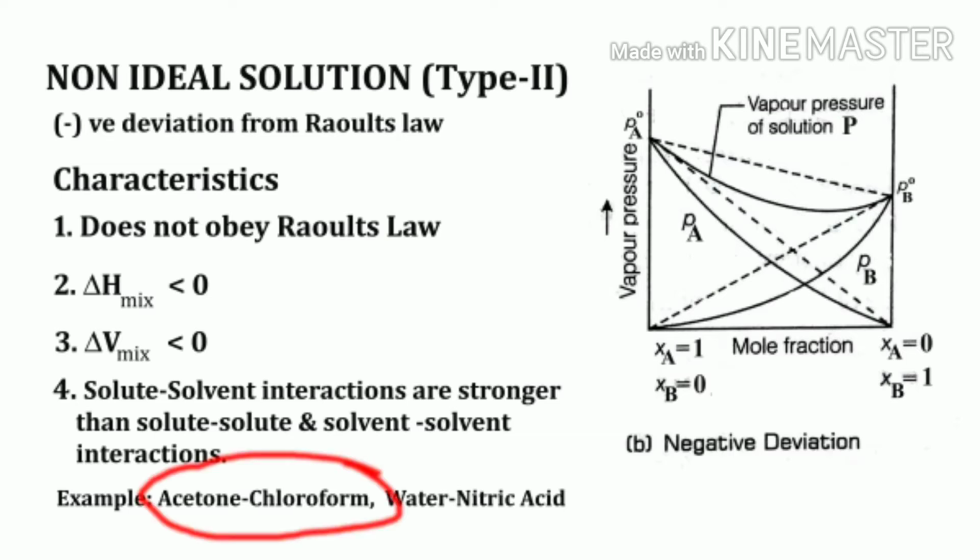If we consider the example of acetone and chloroform, then we'll see that there will be a hydrogen bond formed between the molecules of acetone and chloroform. As a result of this, the interaction between the molecules of acetone and chloroform is stronger. Hence, a lesser number of molecules will escape into the vapor phase, and consequently the solution exhibits lower vapor pressure. Is it clear?